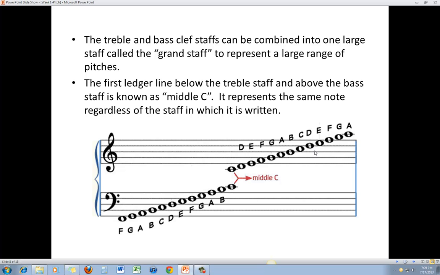The first ledger line below the treble staff and above the bass clef staff is known as middle C.